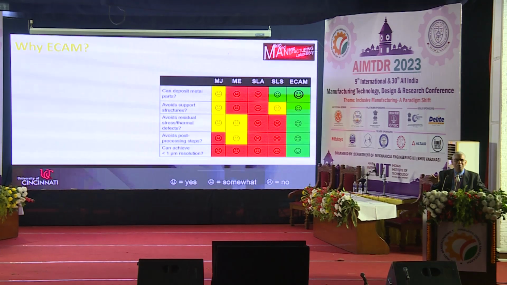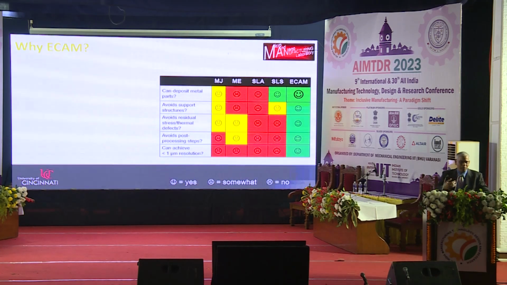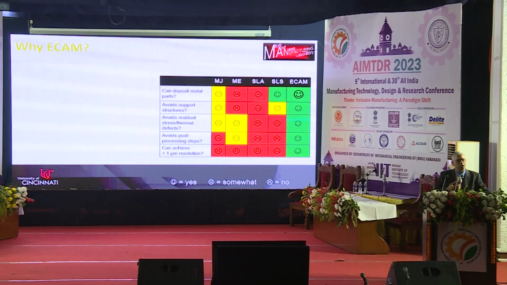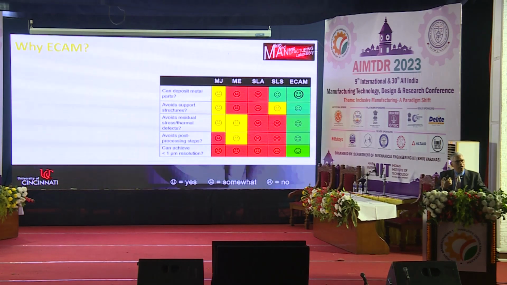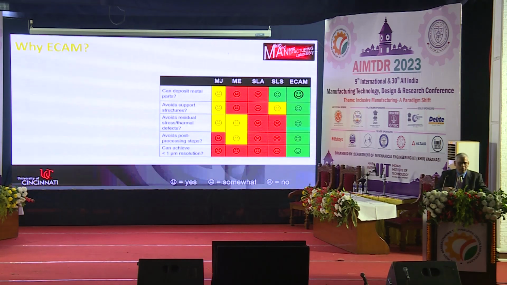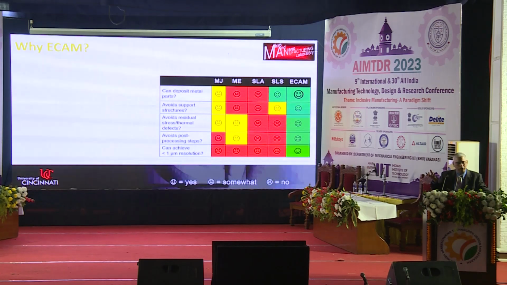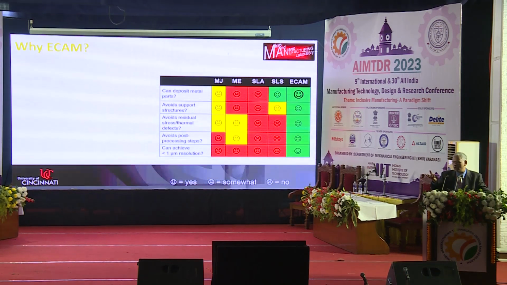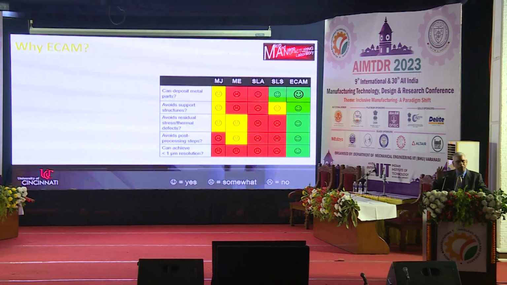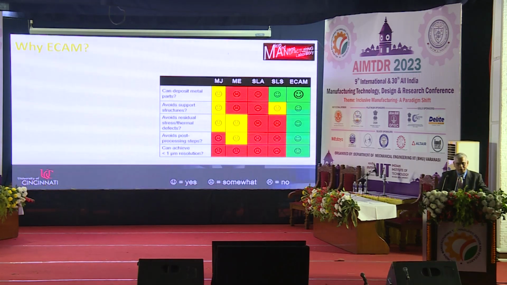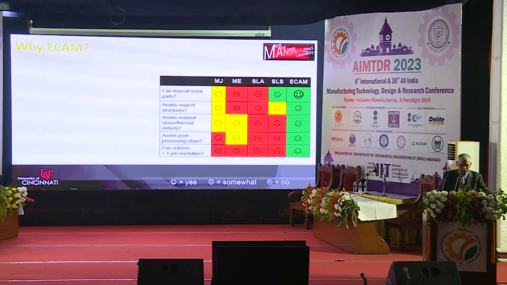So I don't want to offend anybody, but this is what I felt. If you compare to material jetting or material extrusion or stereolithography or selective laser sintering, compared to that, we feel ECAM can do certain things that other processes cannot do. So the color code here is red means it cannot do, yellow means it's somewhat okay, average. Same thing goes for the smiley face.